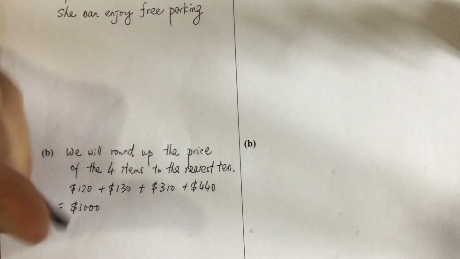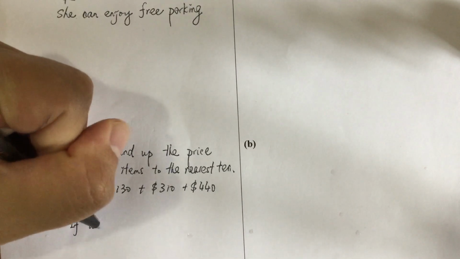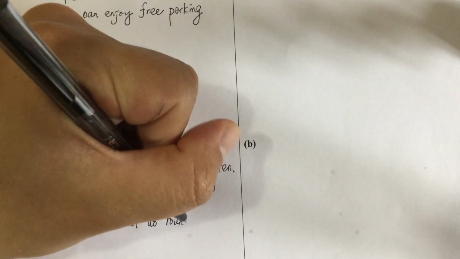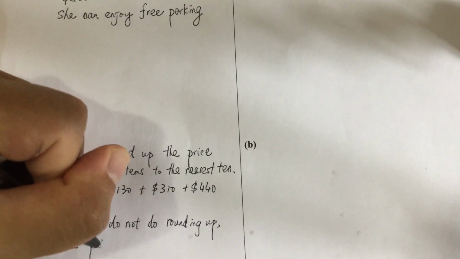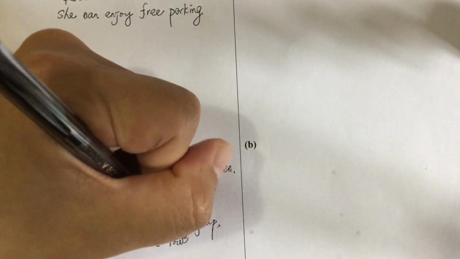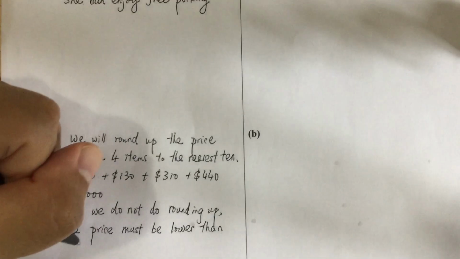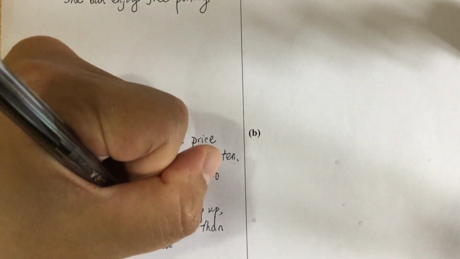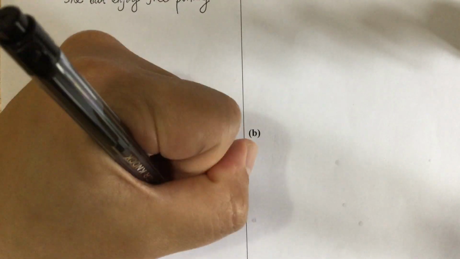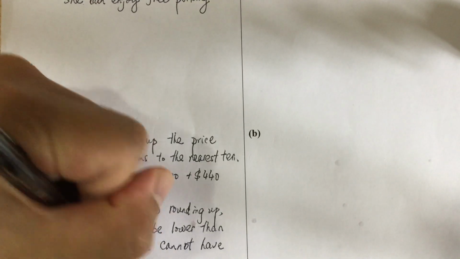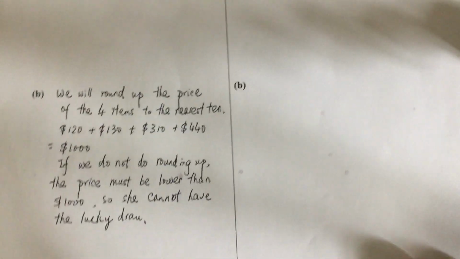So that means if we do not round up, the price must be lower than $1,000. So she cannot have the lucky draw here.